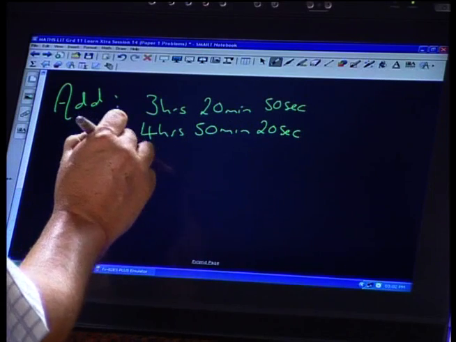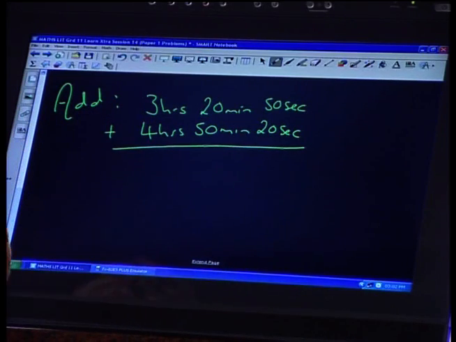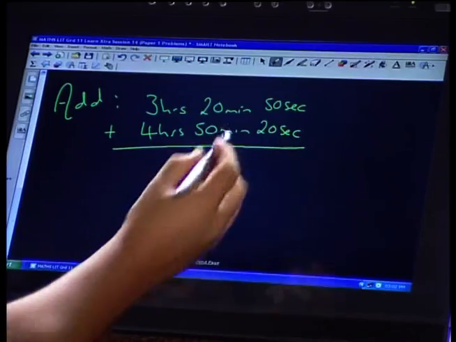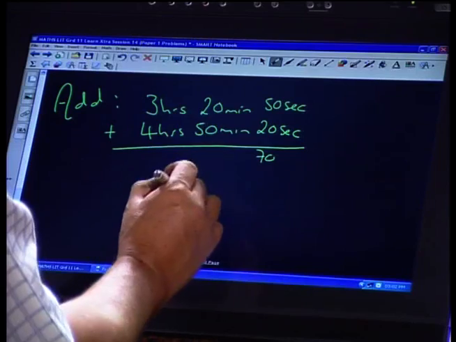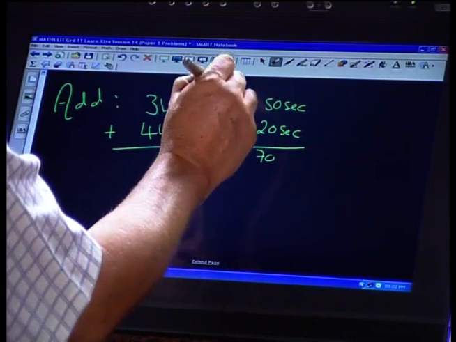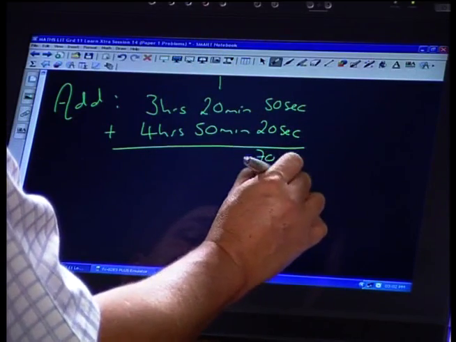Okay. Now, what you would do is you would say, okay, so we've got to add all our seconds, then add all our minutes, and then add all our hours. Remember, there are 60 seconds in a minute. So every 60 seconds I get, I'm going to carry one to the minute column. So let's look at that. So 50 plus 20 is 70, which means we've got 1 minute and 10 seconds.